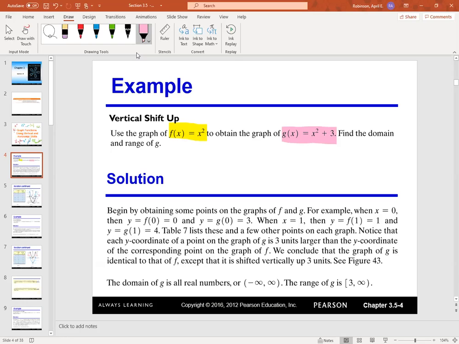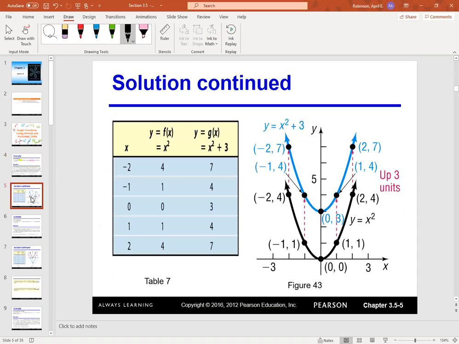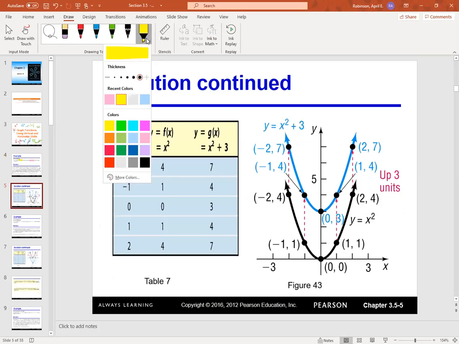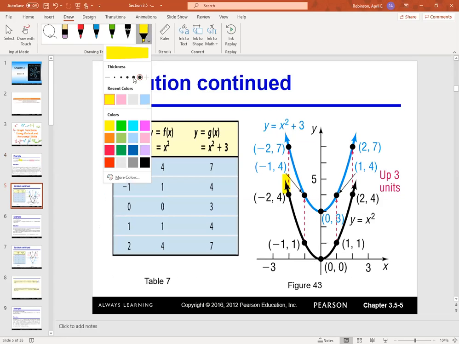And then they ask you to find the domain and the range. Now, this is their explanation, and I'm just going to leave that there for you to read at your leisure. The next one is where I like to explain it, which is with a picture. The original function, which was y equals x squared, I think this is a little thick.